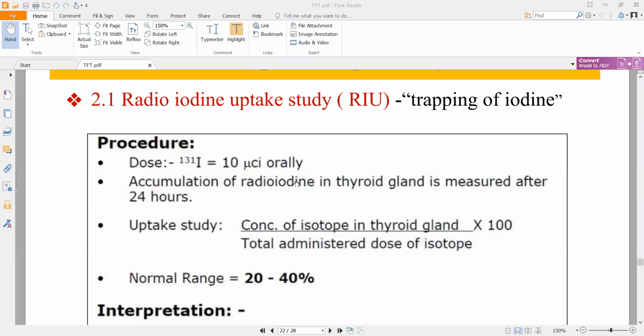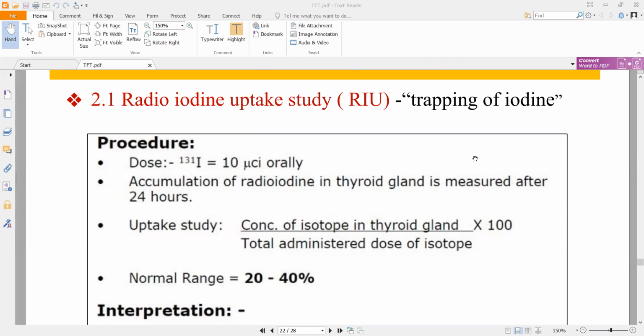Let's suppose I'm giving normal iodine to person A, and radioactive iodine to person B. In person A, it will be very hard to detect the amount of iodine that the thyroid gland is taking, because it will be very hard to distinguish between other elements and iodine.